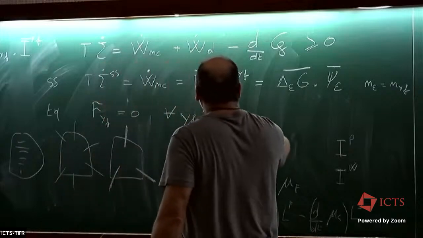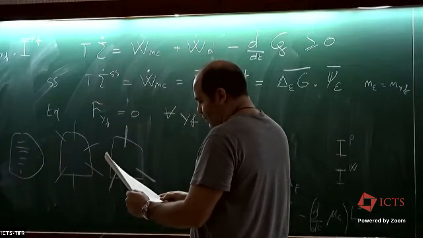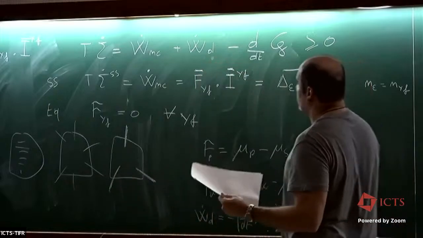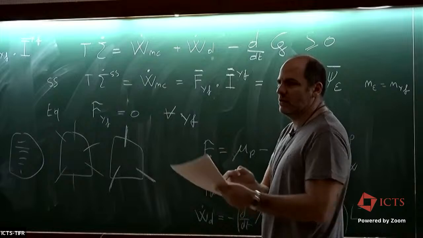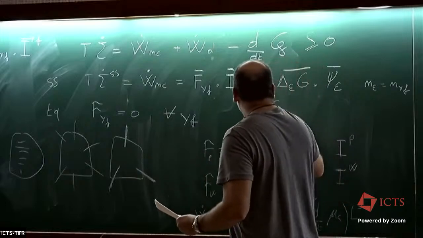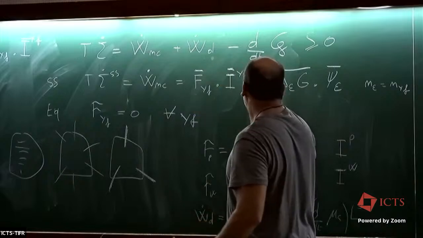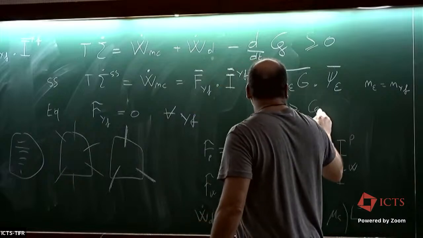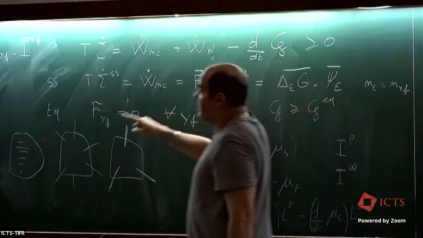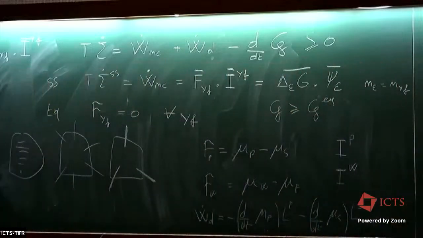Now, let me also comment maybe on the fact, so this I will not show. I will ask them to copy the notes and put them online, so you will have the proof. In the same way that J was always bigger than JX, one can also prove that J curly is always bigger than JX, which also means the same thing as before, but now for the open system.